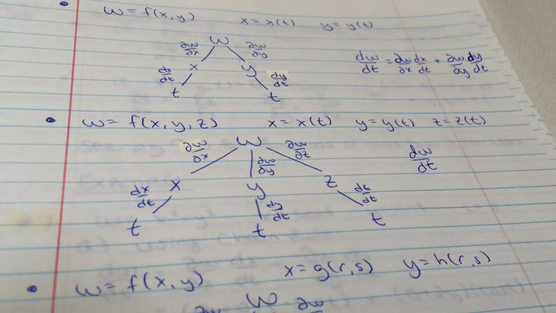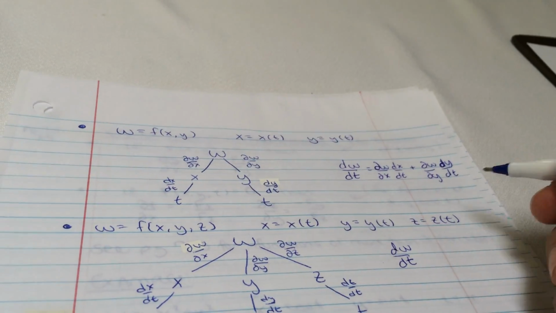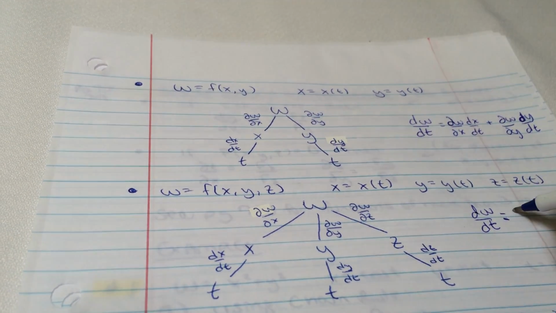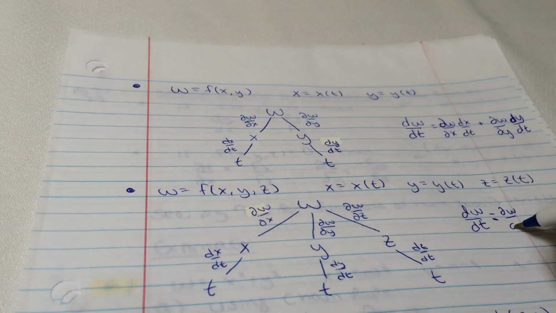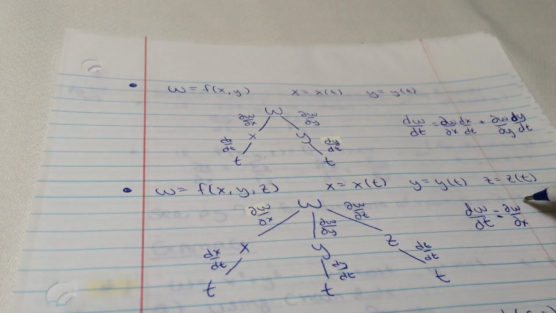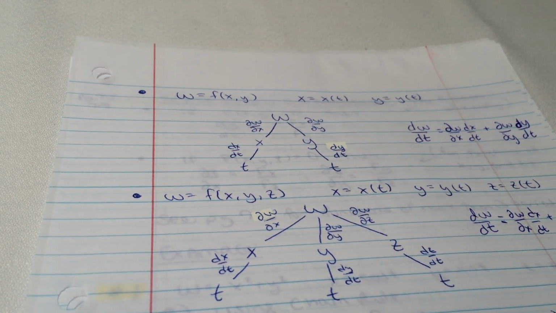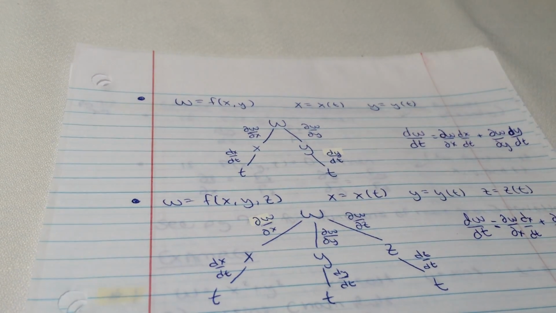I'm going to write it. I don't know if I can fit it, but I'm going to try. Again, down the branches multiply. I won't say it so you can write it on your own. I'm not going to be able to fit it on one line.